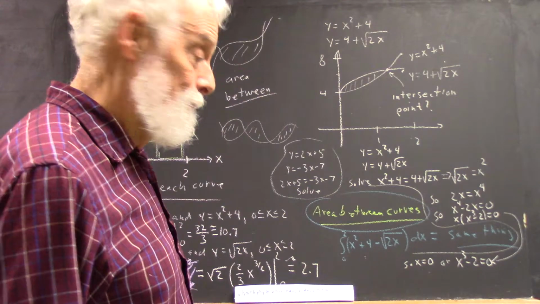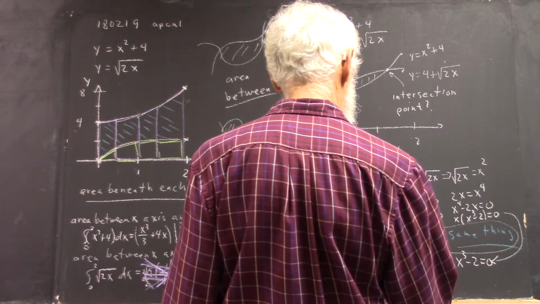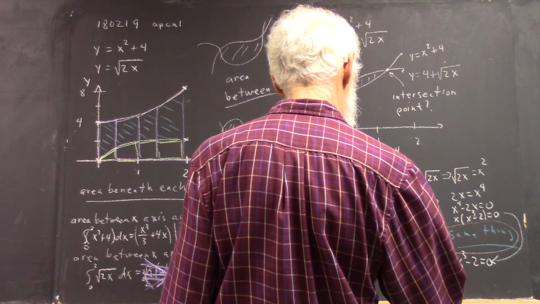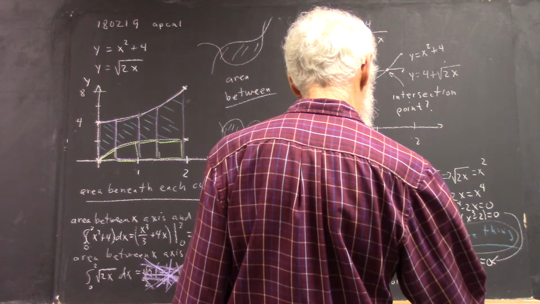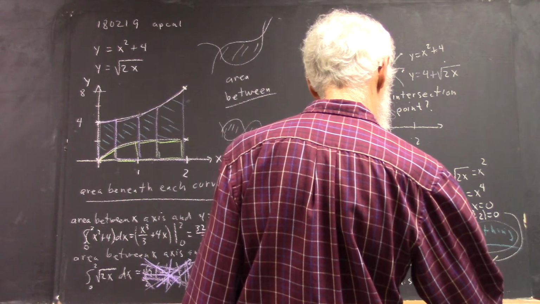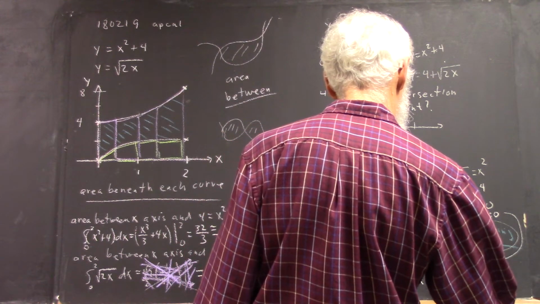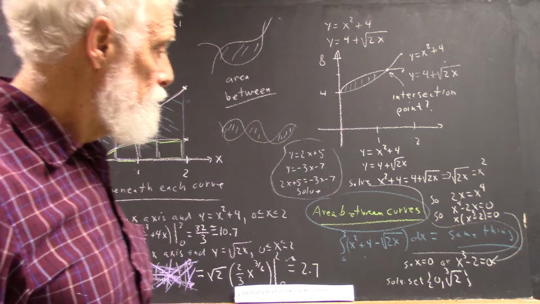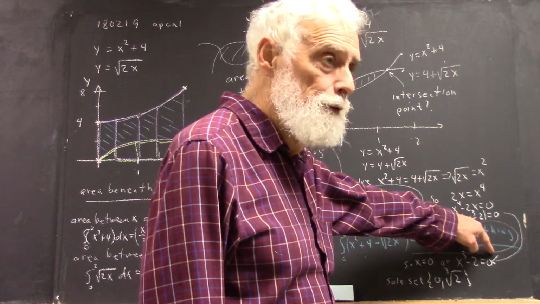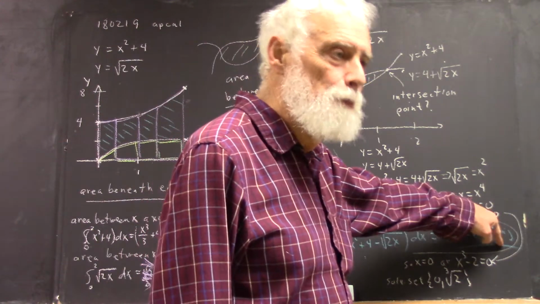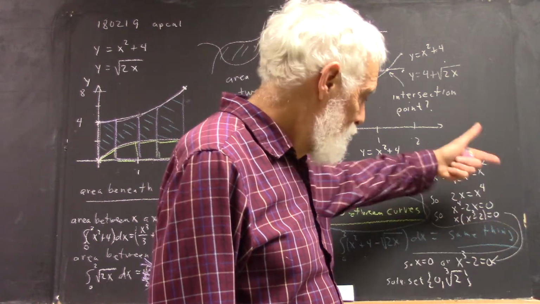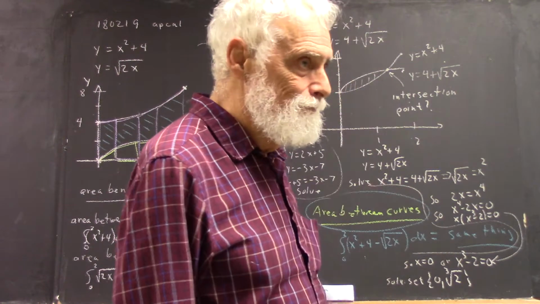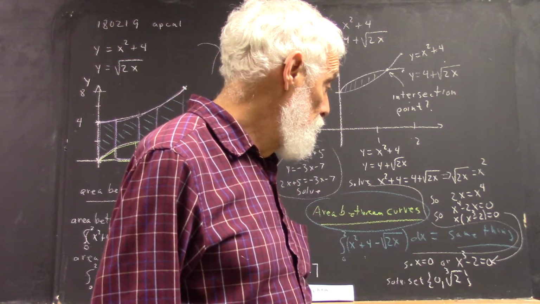Okay? So our solution set is 0 and the cube root of 2. Because obviously x cubed minus 2 is 0 if x cubed equals 2. And then the cube root gives us x equals the cube root of 2.